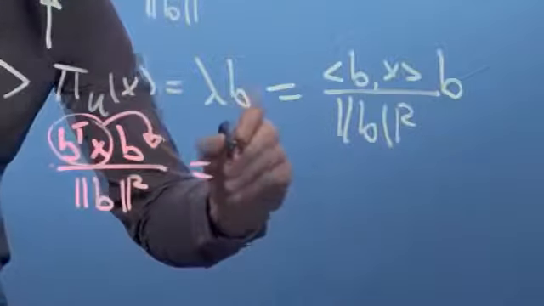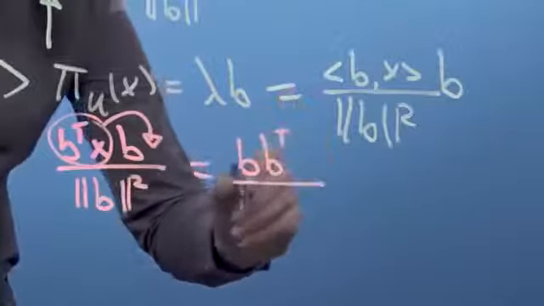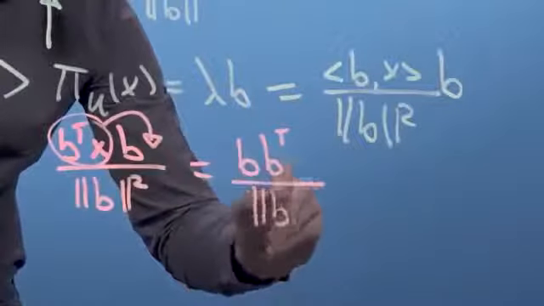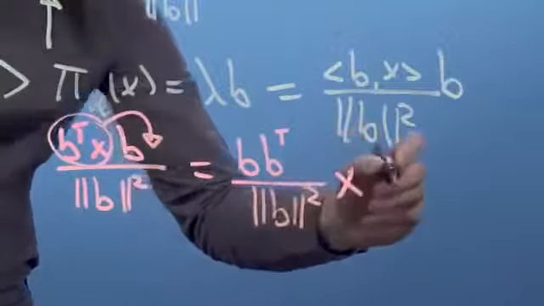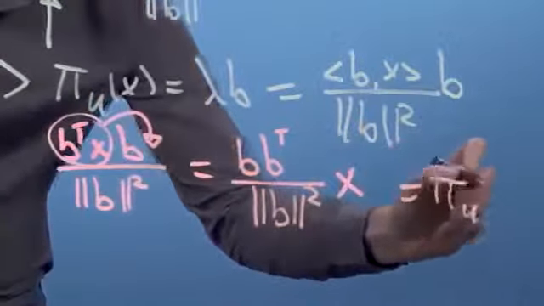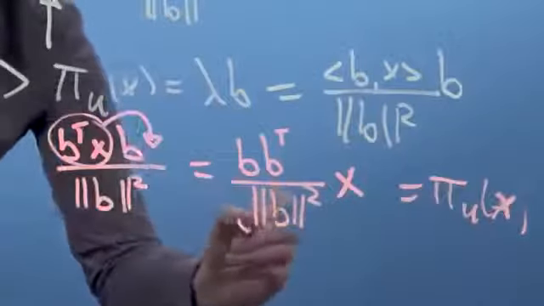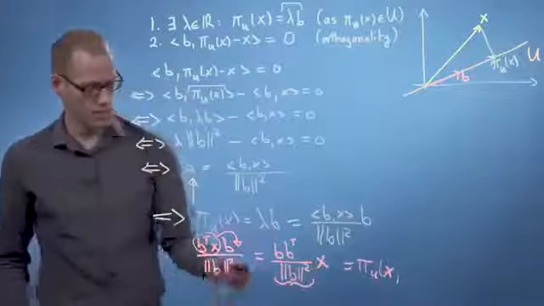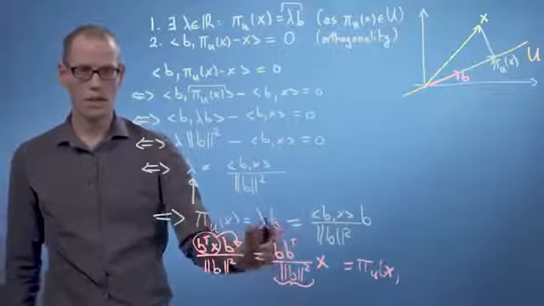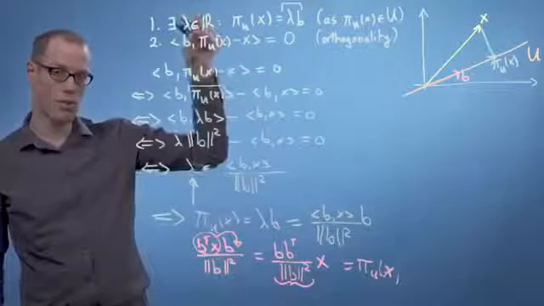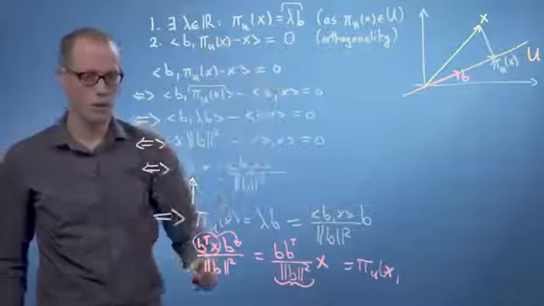So this is equivalent to saying b times b transpose divided by the squared norm of b, times x, is our projected point. And if we look at this, this is a matrix, and this matrix is a projection matrix that projects any point in 2 dimensions onto the one-dimensional subspace.